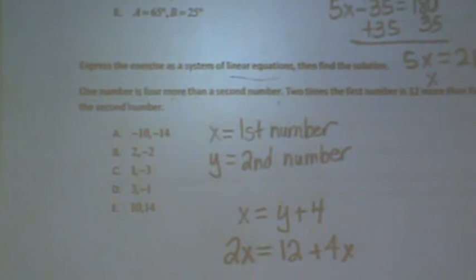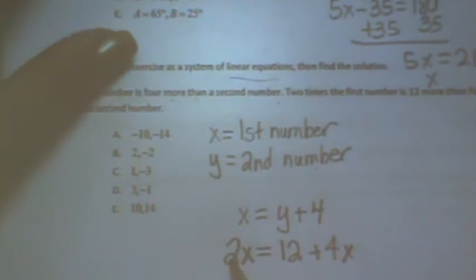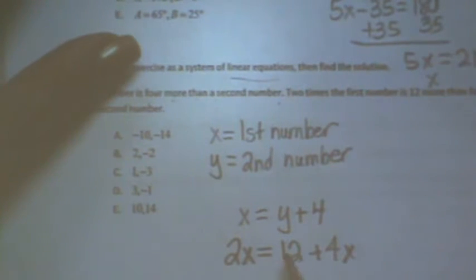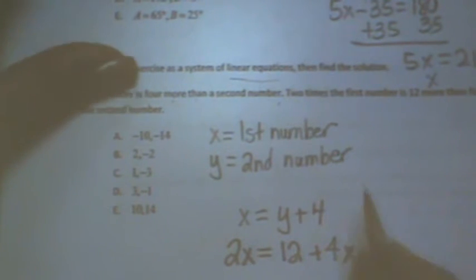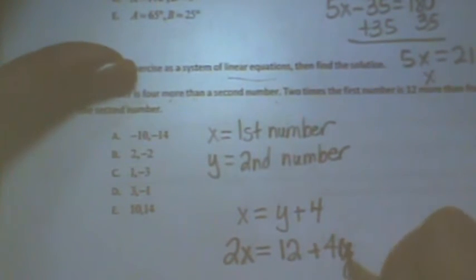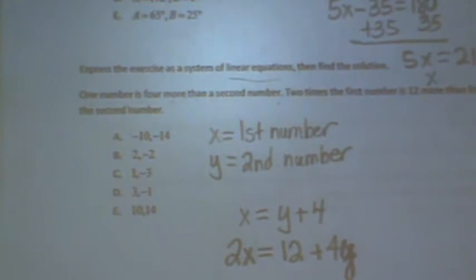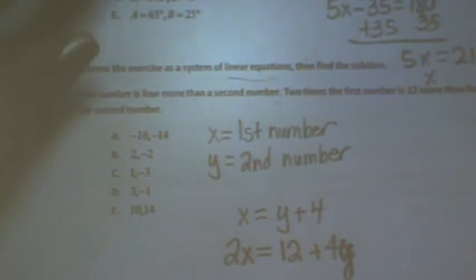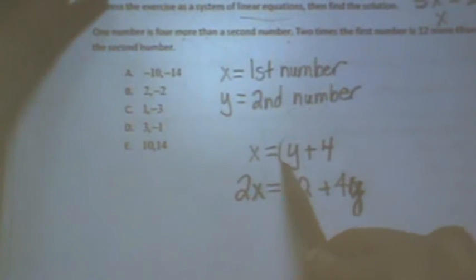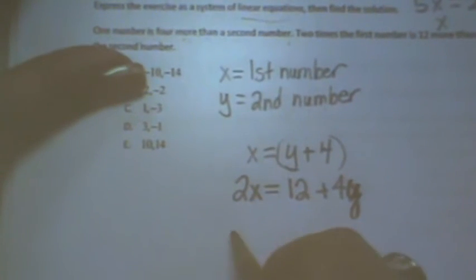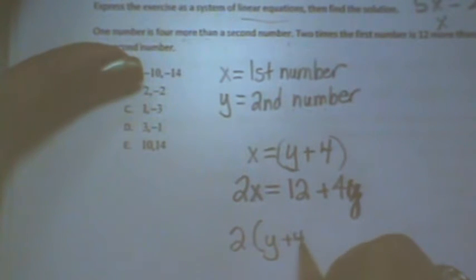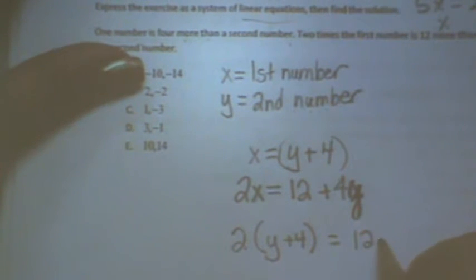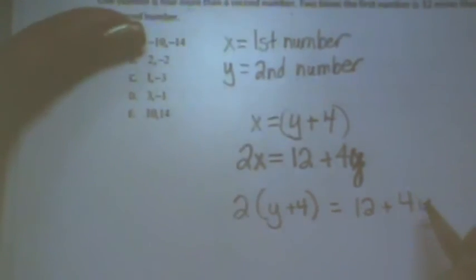I'm sorry, this should be a 4y. Now what I would do is plug this x into here. So 2 times y plus 4 is equal to 12 plus 4y.